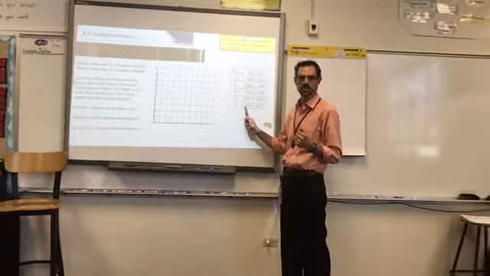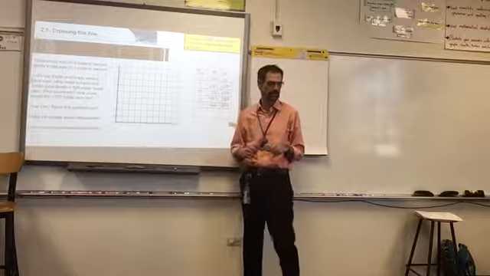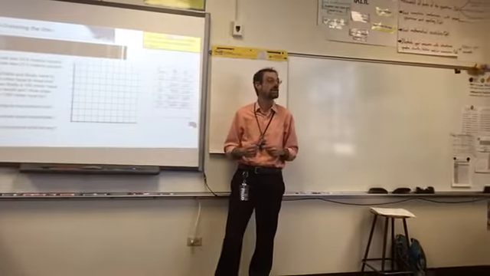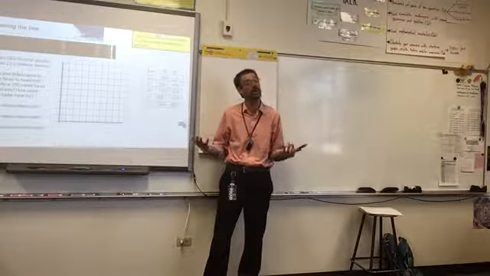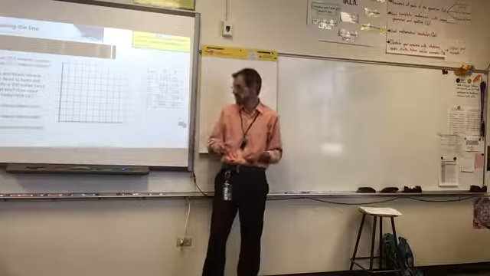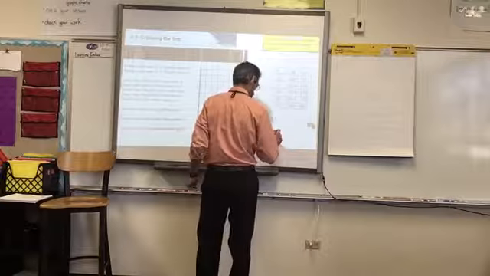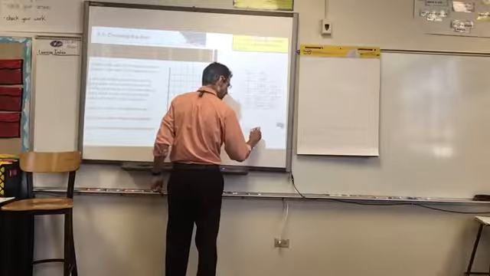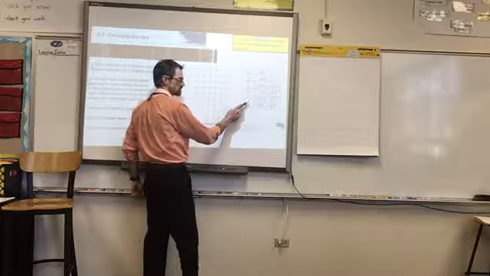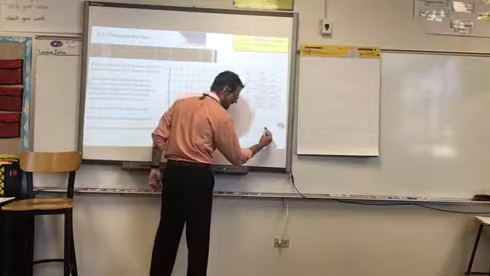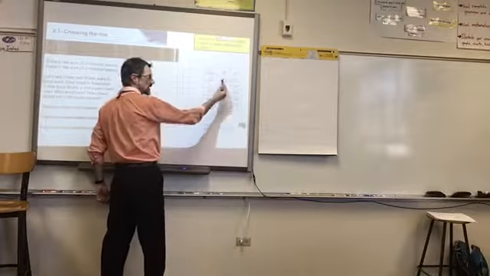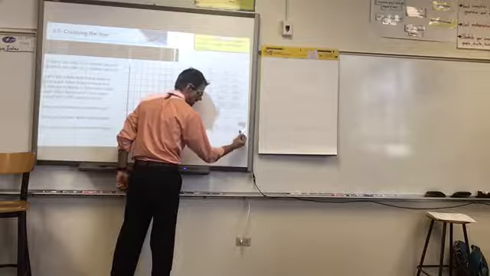So how can I check to see if that's right? What can I use to check that? The equation. So, what's Brady's equation? 23.3 times his 20 seconds plus his 100.